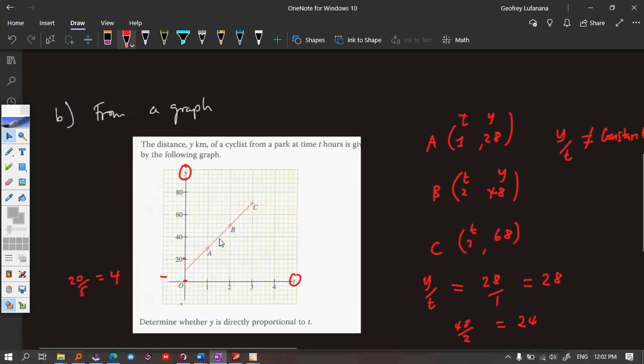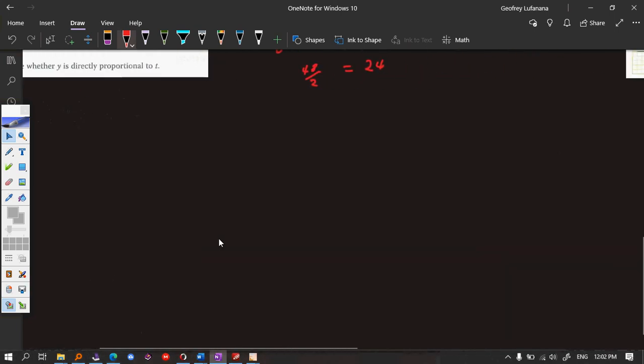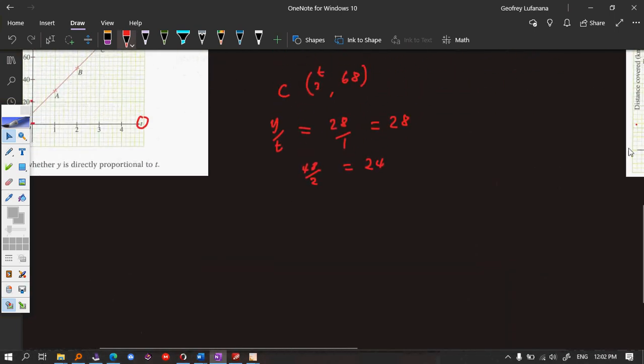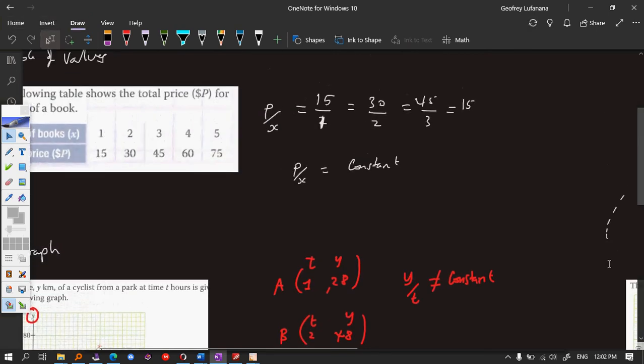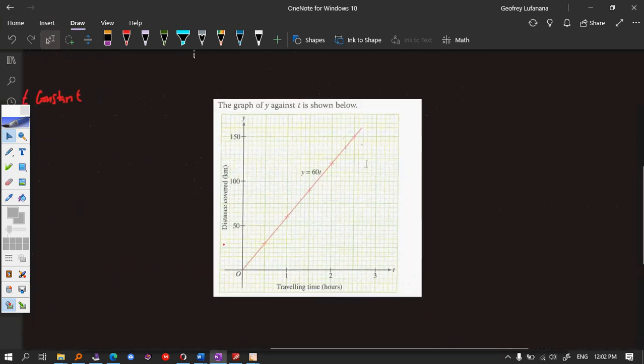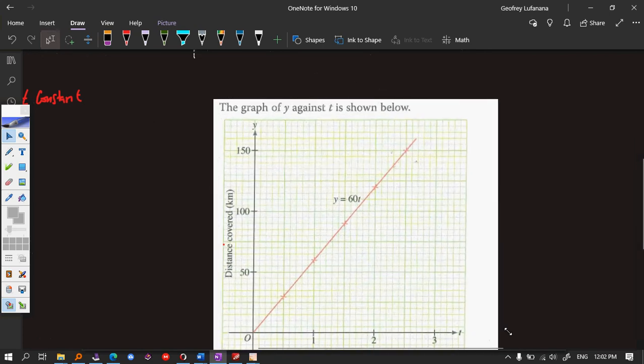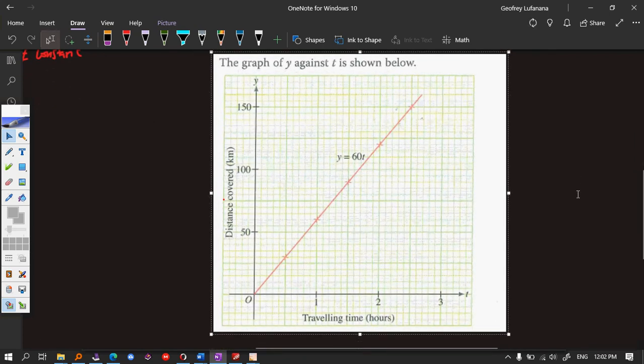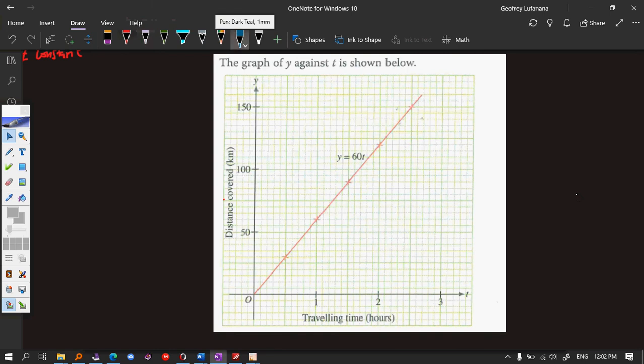Let's look at another example which involves a graph. Let me get my graph from over here and drag it. From my graph, we can see we have a graph of y against t. So still using the same condition, we have to get coordinates for each point.